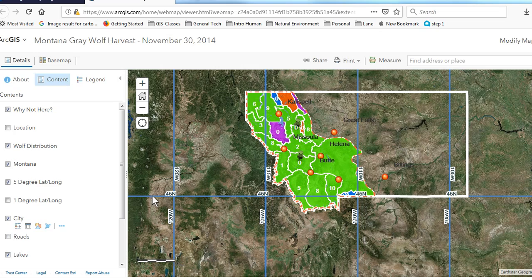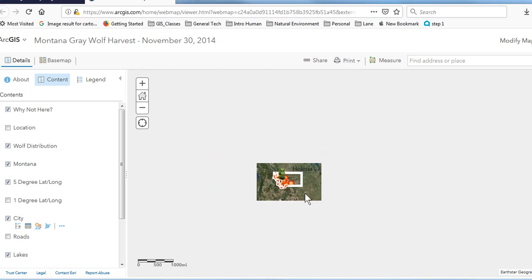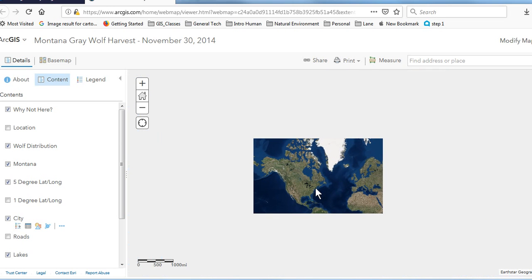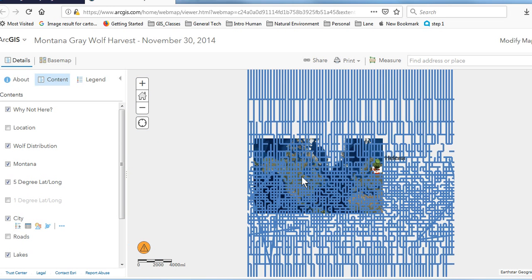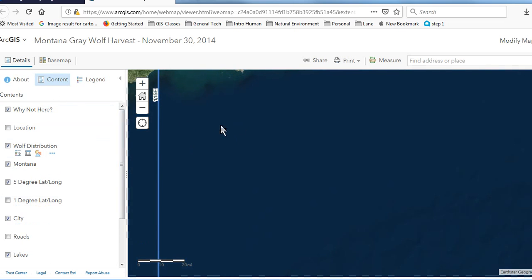So the idea is, if I zoom out here, I'm going to zoom out, zoom out, zoom out, zoom out. We are halfway from the equator to the North Pole. Well, that's totally ugly. So now I'm going to zoom in. I might have to close this.